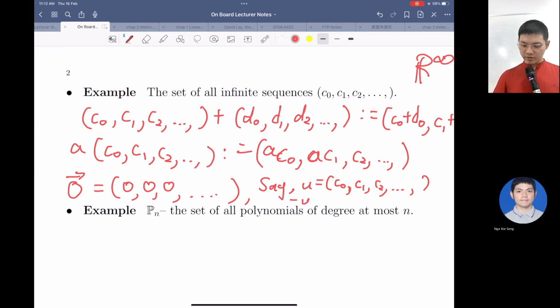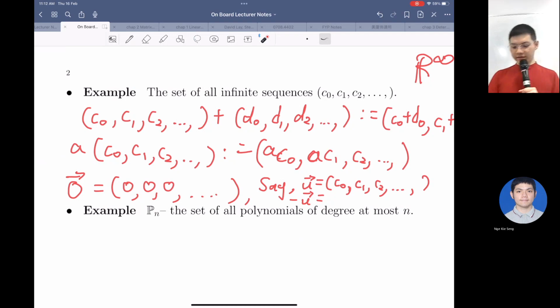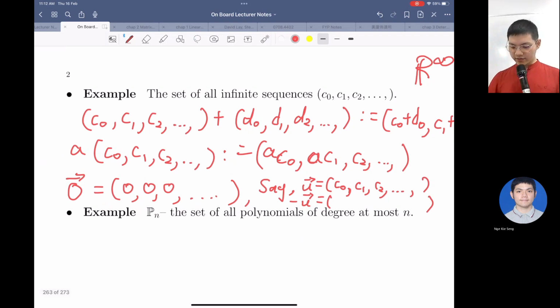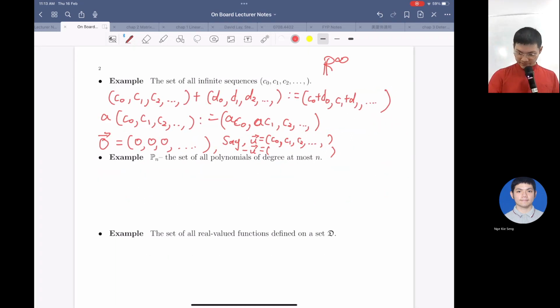What is minus u? It is the sequence that you add to u such that you get the zero vector. What's the sequence that you add to c0, c1, c2 such that you get the zero vector, using the addition you defined here?